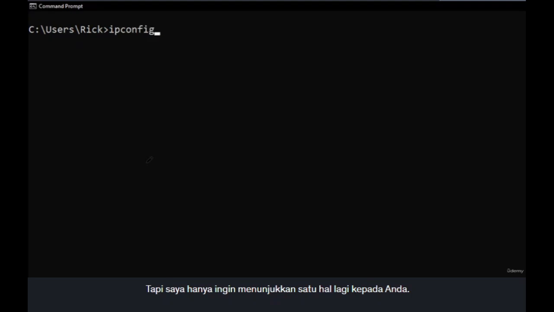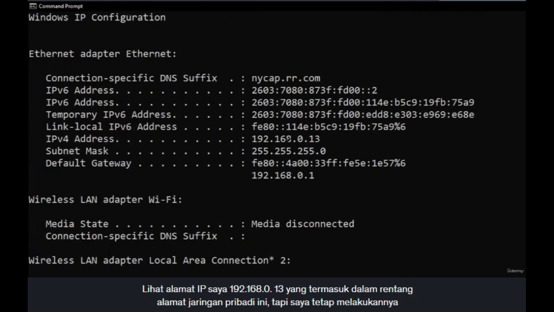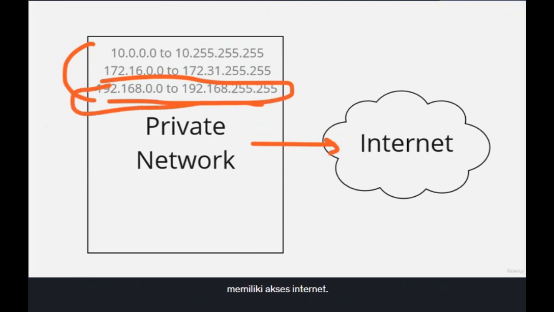So we'll take a look at how these devices get internet access in just a moment, but I just want to show you one other thing first. Notice when I do an ipconfig on my computer, look at my IP address, 192.168.0.13. That falls within this private network address range, but I still have internet access. I can still get to the internet.